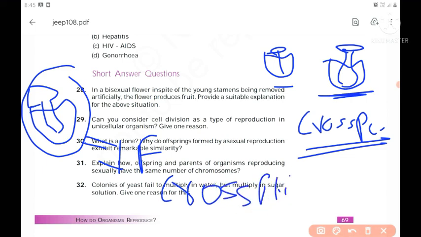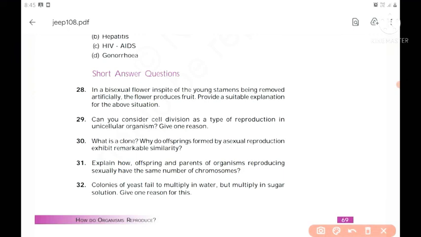So I guess you're clear with the question. We'll move on to the next question. 29. Can you consider cell division as a type of reproduction in unicellular organisms? Give reason. Now what is a unicellular organism? An organism which has only one cell, right? Now what is reproduction?